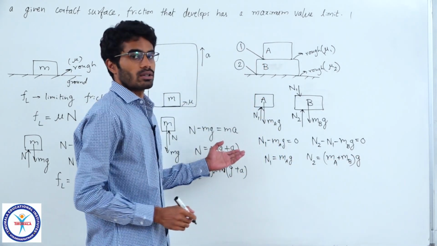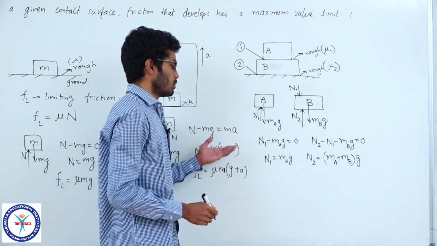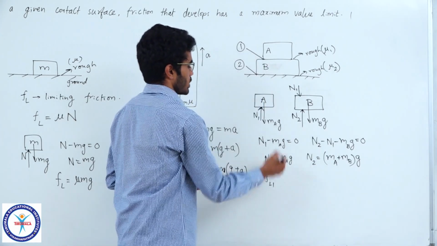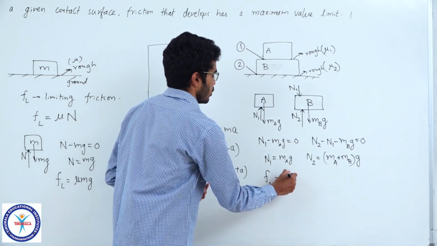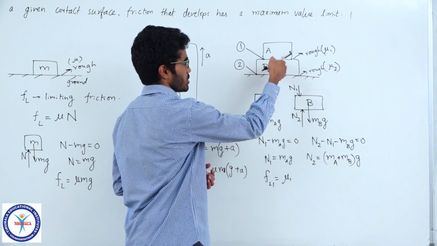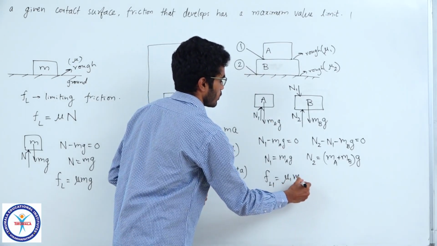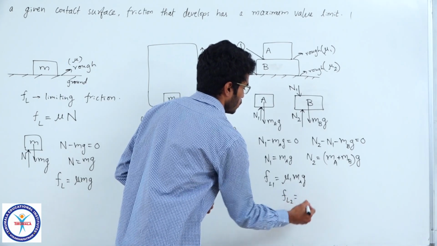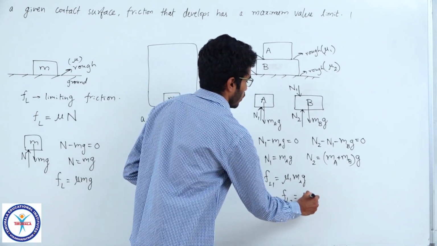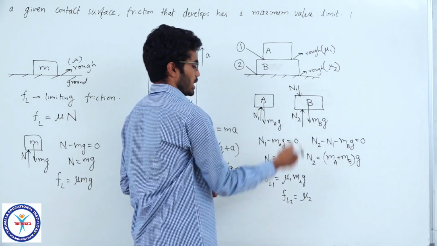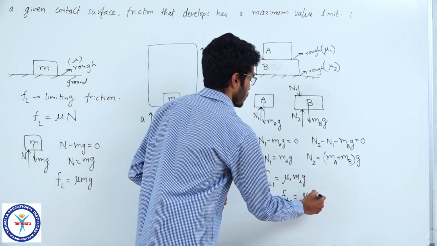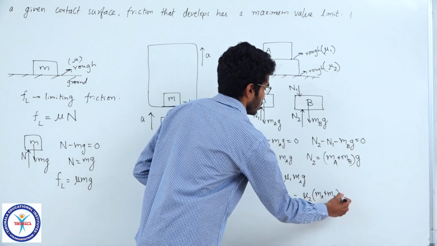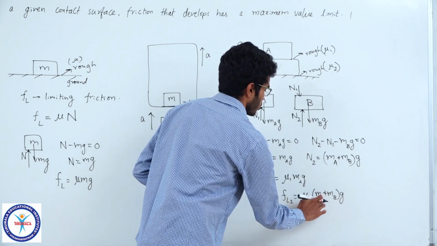Once you have calculated the normal reactions, now we can calculate the limiting friction. For contact surface 1, it is mu 1 into the normal reaction present there, and for contact surface 2, it is the coefficient of friction for that surface, mu 2, into (MA plus MB) into g.